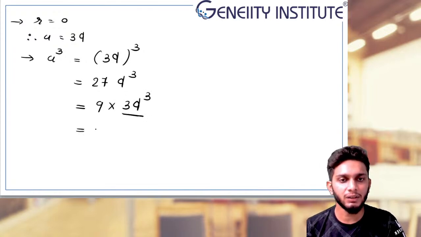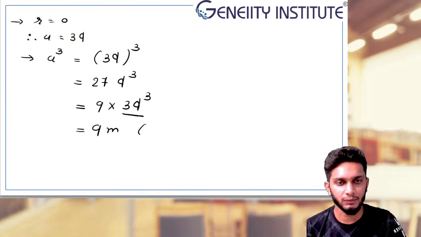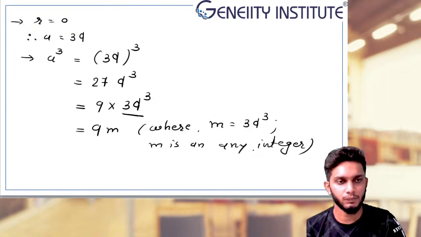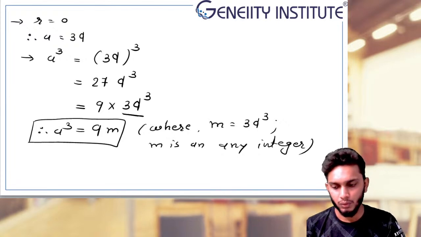Here you can write 3q cube as m, where m equals 3q cube. m is any integer. Therefore a cube is written as 9m.